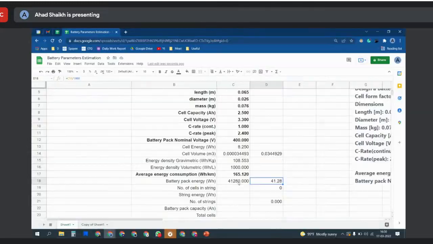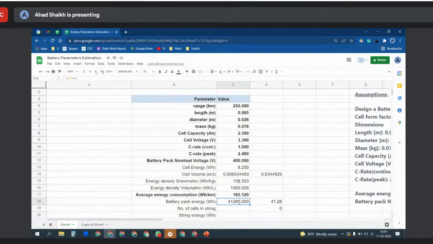So this much watt hour of battery we would require, and if you divide it by 1000, we get the kilowatt hour capacity of the battery. And from this we can calculate other parameters as well.